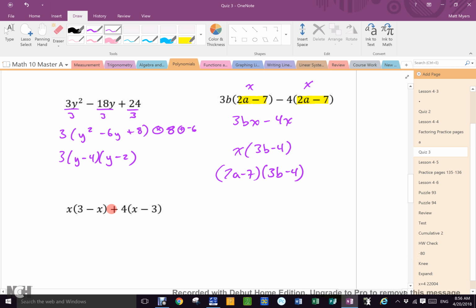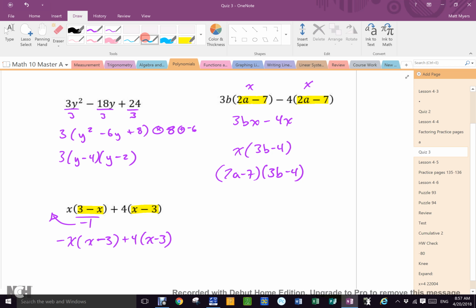Yeah. And down here, you should notice this, but you should also notice it's not quite right. How do I make this bottom one right? I've got to divide by a negative 1, which does what when it comes out here? Makes that negative x and makes this x minus 3 plus 4x minus 3.